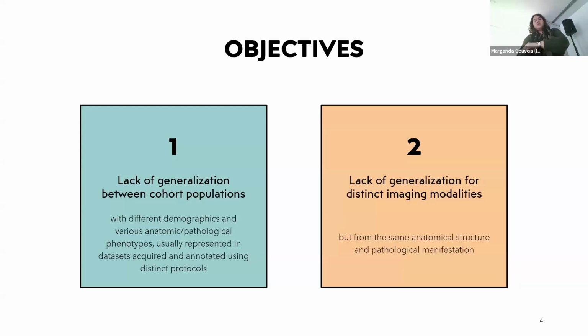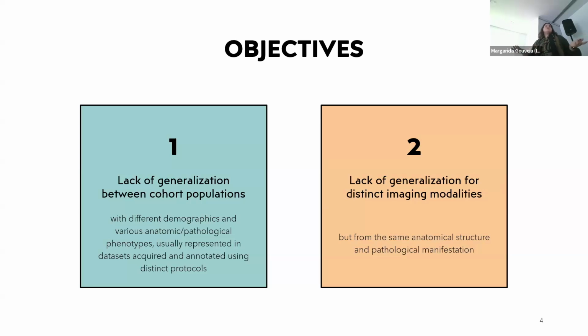not that common, but that still happens, is the lack of generalization between distinct image modalities. Sometimes we have a clinical protocol that indicates that a pathology should be evaluated in a type of medical image, for example, a CT scan. But if the patient, for another reason in the past, has had an MRI scan, the physician can use this scan to evaluate the patient without the need of doing a different scan.